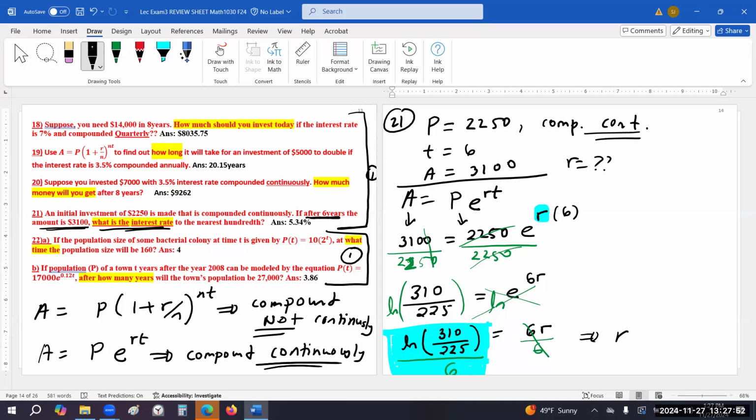Try it in the calculator. I give you the answer not to make your life easier, but to check whether you punch the right buttons in the calculator. ln of 310 over 225, and the whole thing you divide by 6. 0.0541.